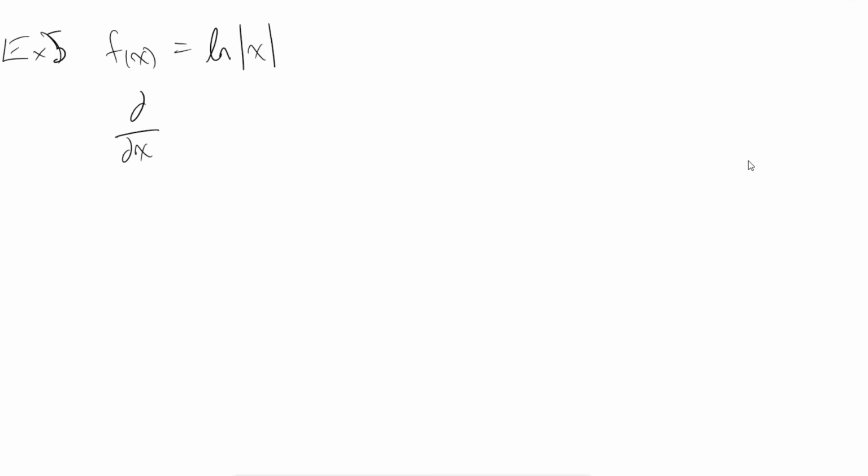We have two cases, right? If x is greater than 0, so if it's positive, then the ln of the absolute value of x is equal to ln of x.